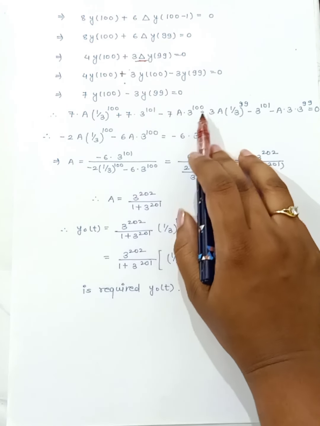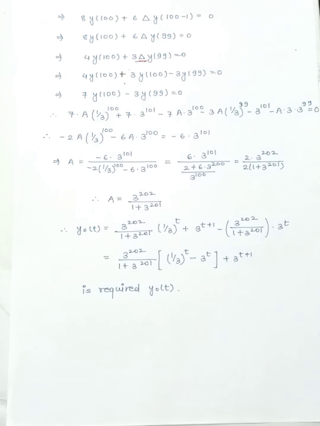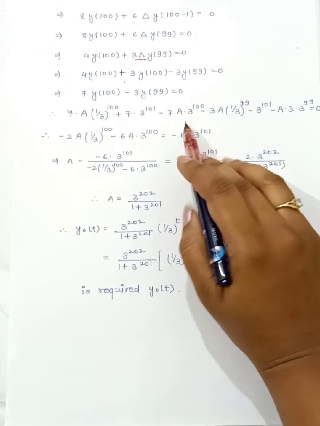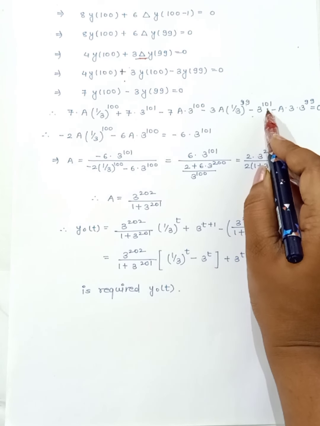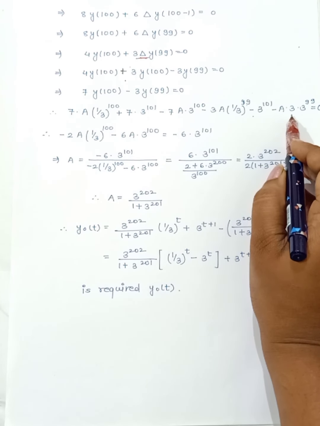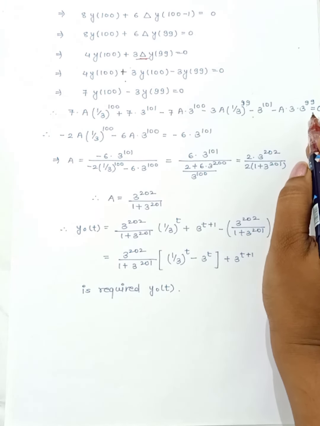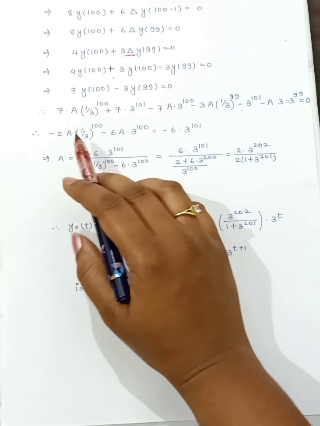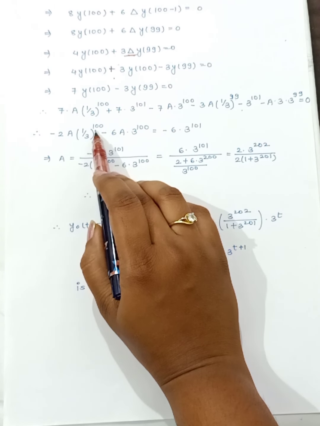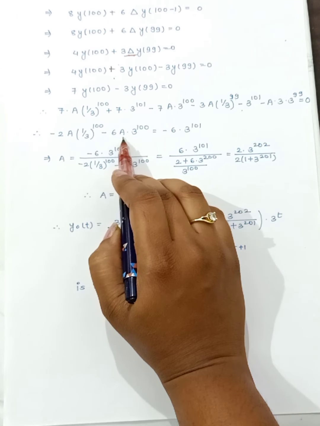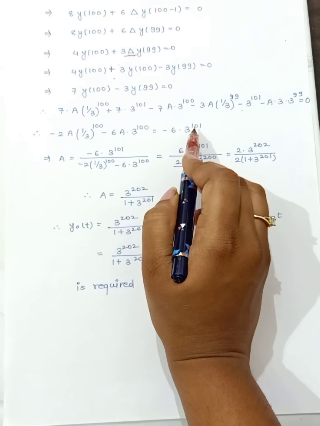Now for y99, so minus 3 into a into 1/3 to the power 99 minus 3 to the power 101 minus a into 3 to the power 99 equals 0. This will give minus 2a into 1 by 3 to the power 100 minus 6 into a into 3 to the power 100 equals minus 6 into 3 to the power 101.